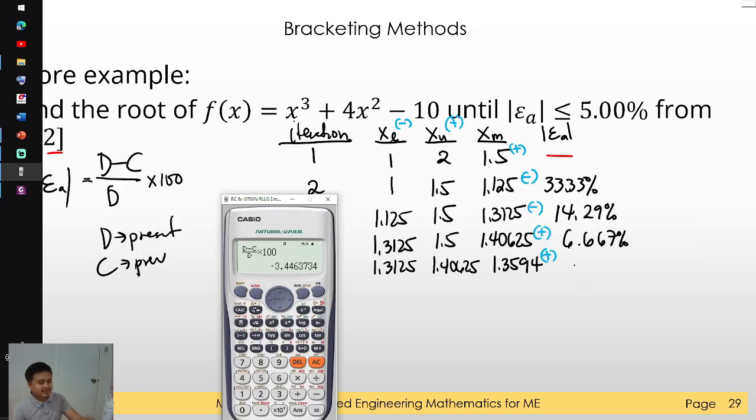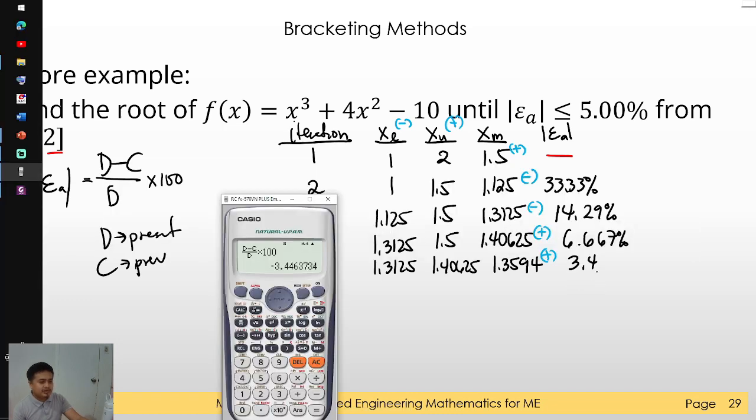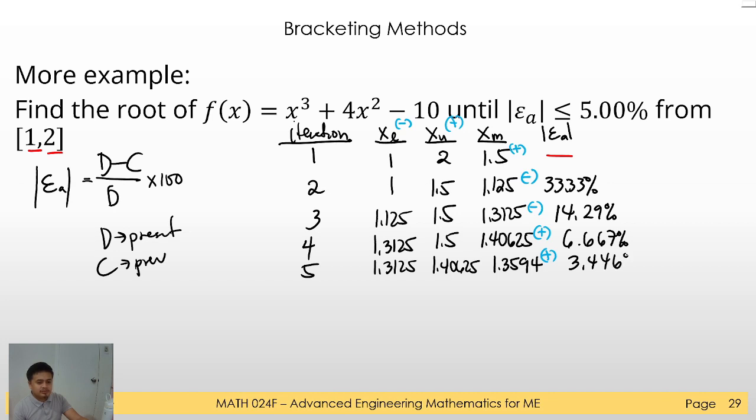So negative 3.44, so we have 3.446%. So therefore, this is less than or equal to 5.0%. Therefore, we will terminate this. So the solution that we're trying to find, our approximate solution, we will call this x tilde, that is equal to 1.3594.